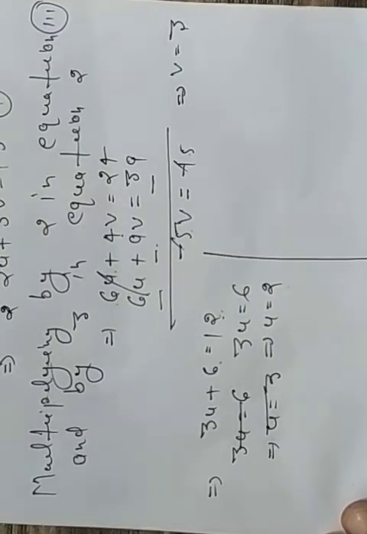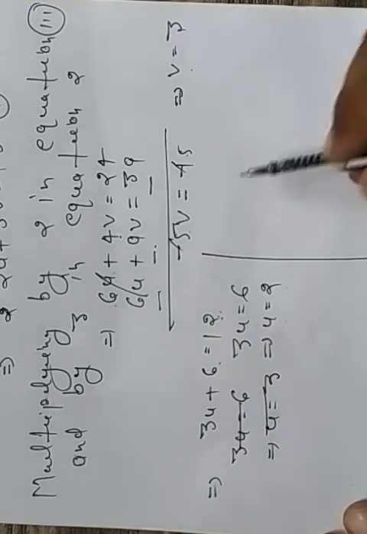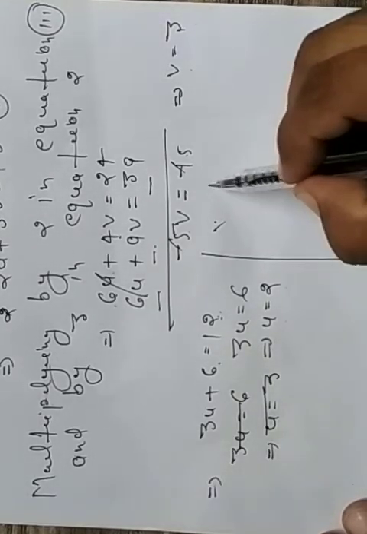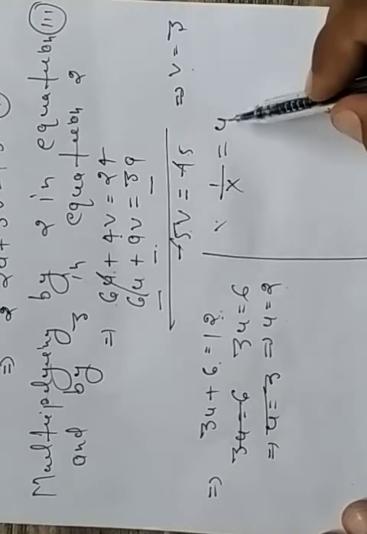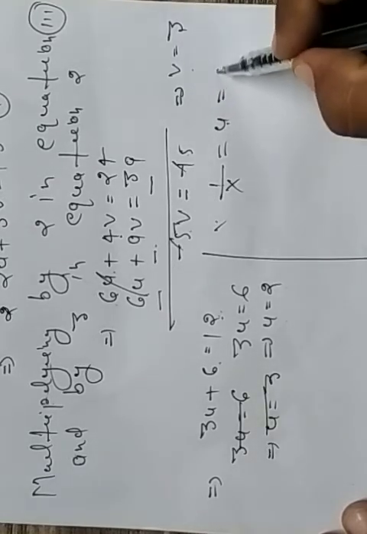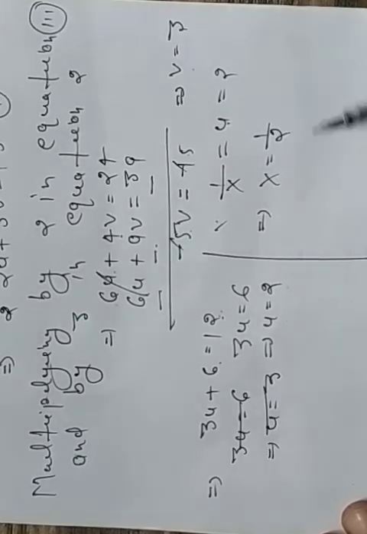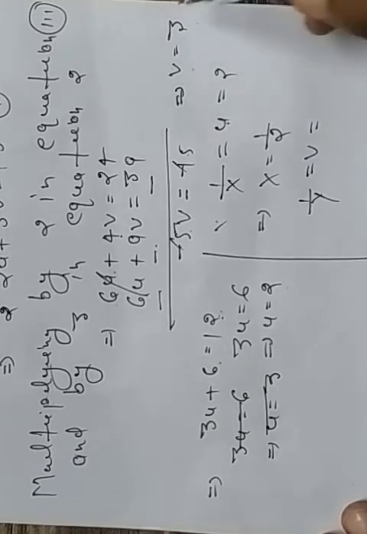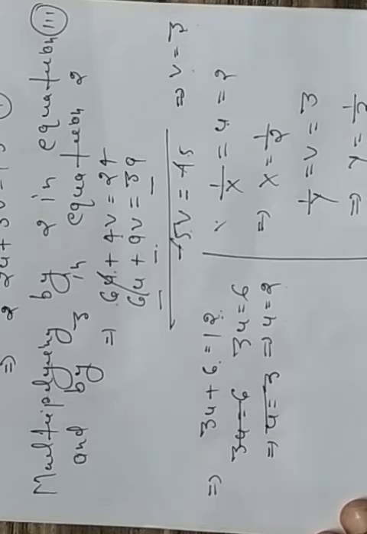Now see how we can find the values of x and y with the help of u and v. We know 1 by x is equal to u, and the value of u is 2, which implies x is coming 1 by 2, and 1 by y is equal to v, and v is coming 3 here, which implies y is equal to 1 by 3.